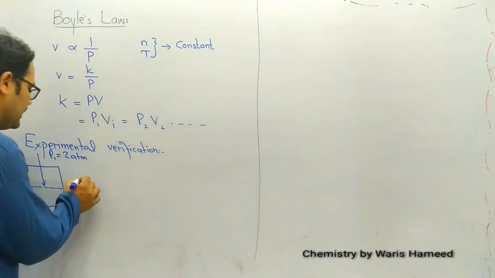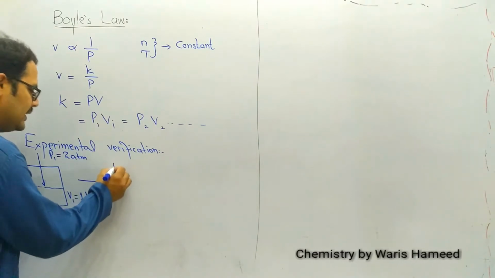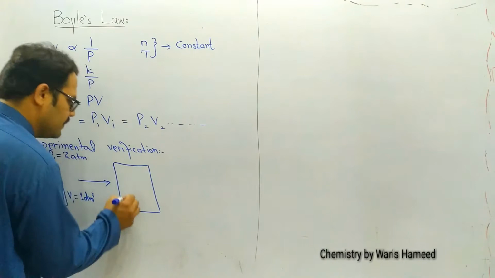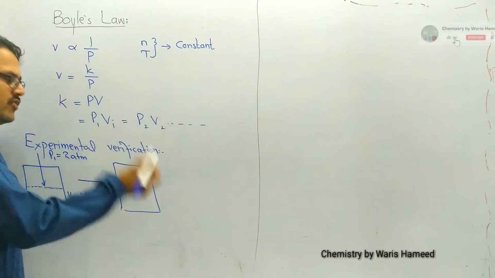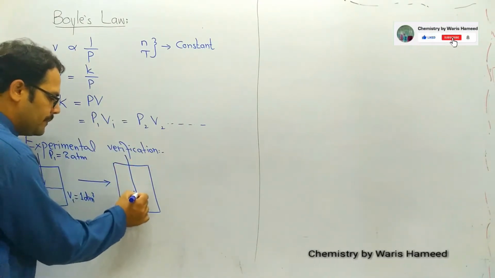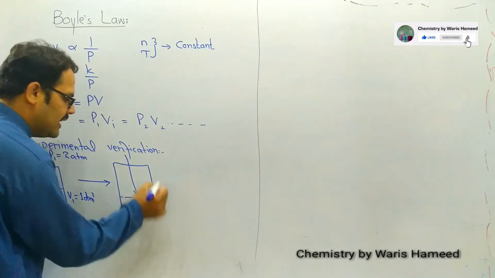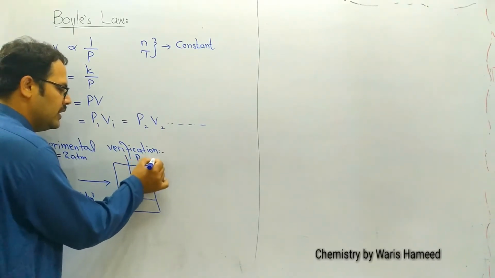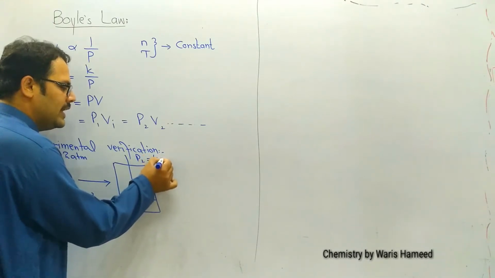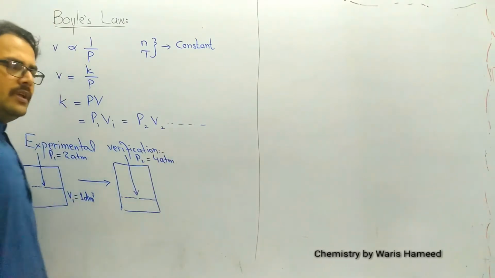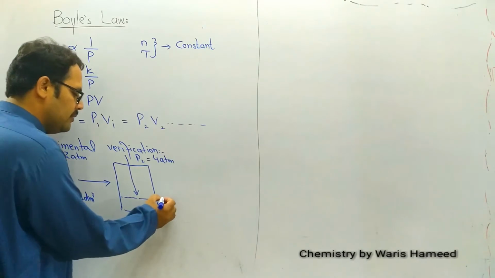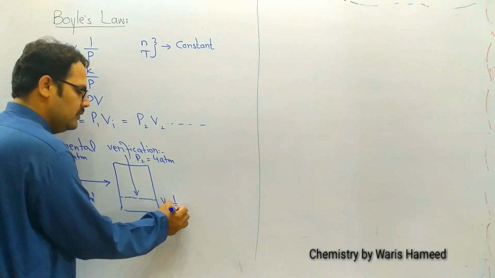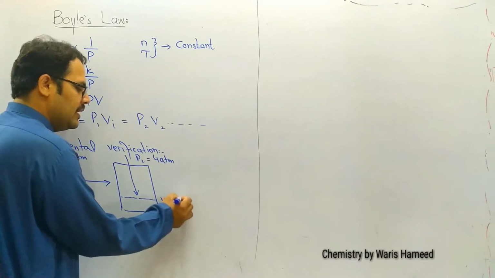Now, in the second case, we increase the pressure on this system from P1 to P2, and we can say that its volume decreases. Here pressure is P2 and it is equal to 4 atm, and its volume decreases by half, 1/2 dm³.